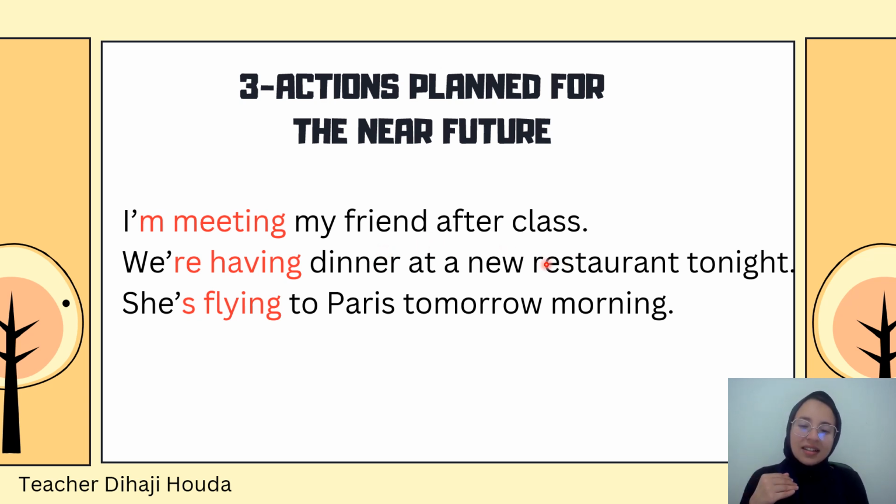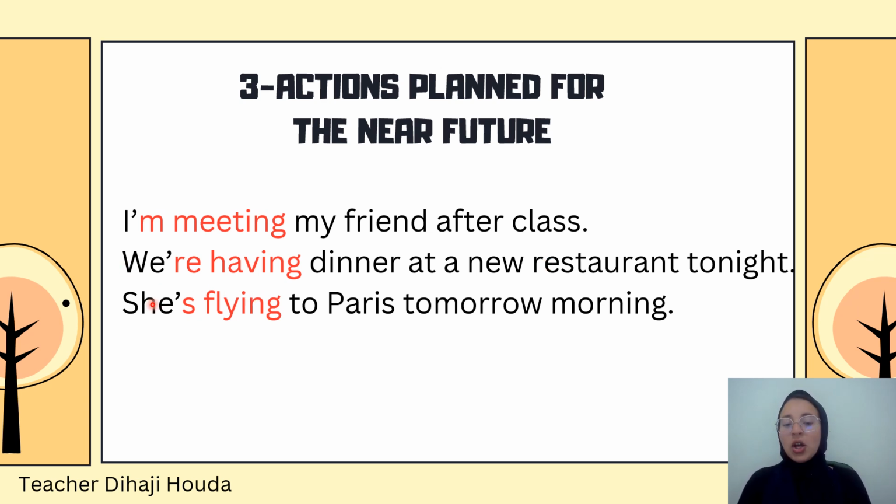Instead of telling you I'm going to meet my friend after class, I'm going to choose to be smooth and fluent and use the present continuous to convey that message to you. So it would be better if I tell you I'm meeting my friend after class. It means that I'm gonna meet them after a few moments. And this is how we express the near future in English.